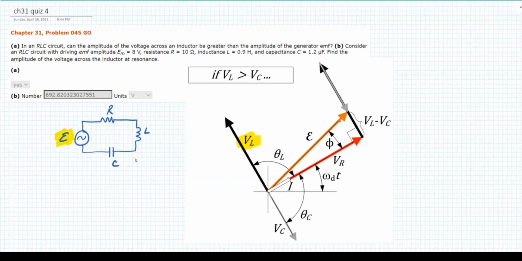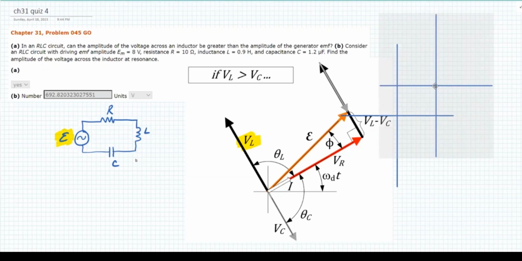But then you study phasors, phase diagrams. What if I had a situation where, let's make up our own little custom phasor diagram?